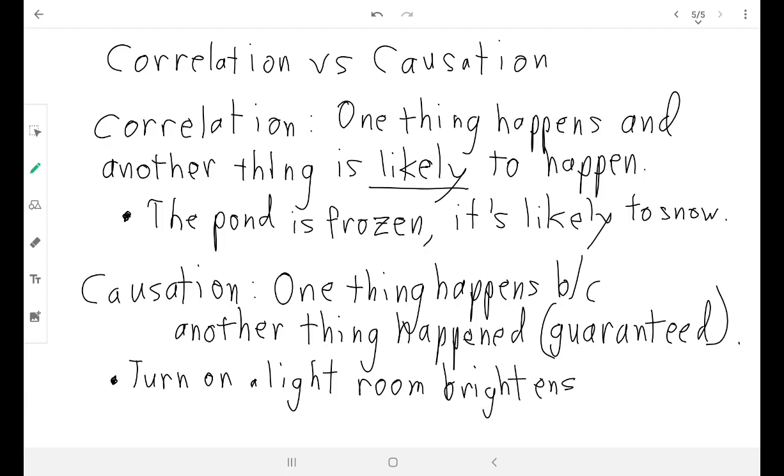I'm going to give you another one that you may or may not be aware of, and you may try and argue with me about, but I promise you, this is absolutely causation. A lightning strike causes thunder.